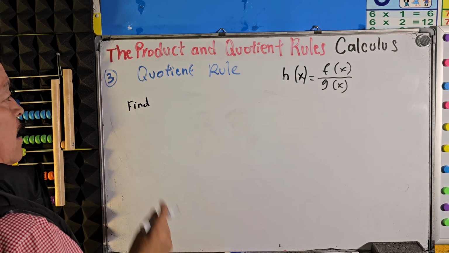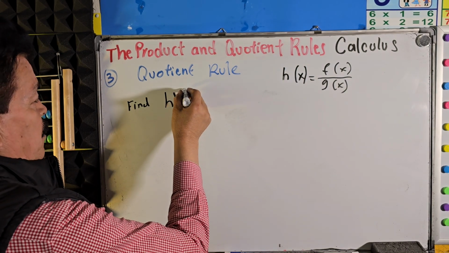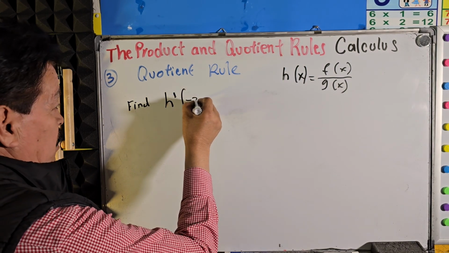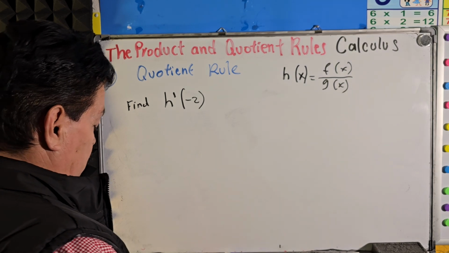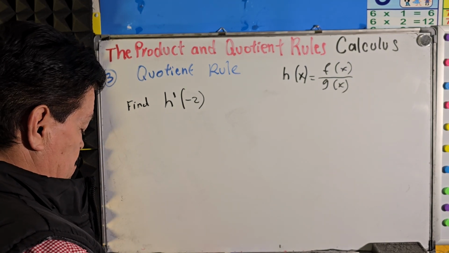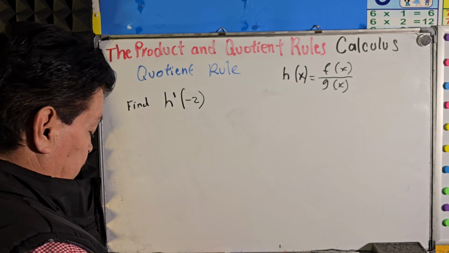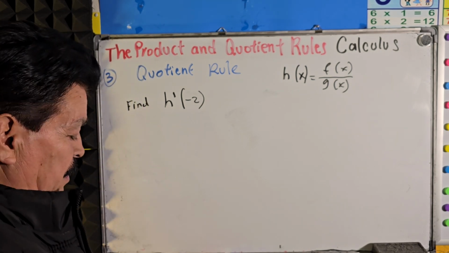Find h prime of -2. I will give some values.